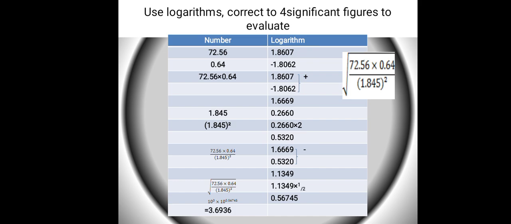Add the two, we get 1.6669. The logarithm of 1.845 is 0.2660. The square of 1.845, its logarithm is 0.5320. Now subtract this.